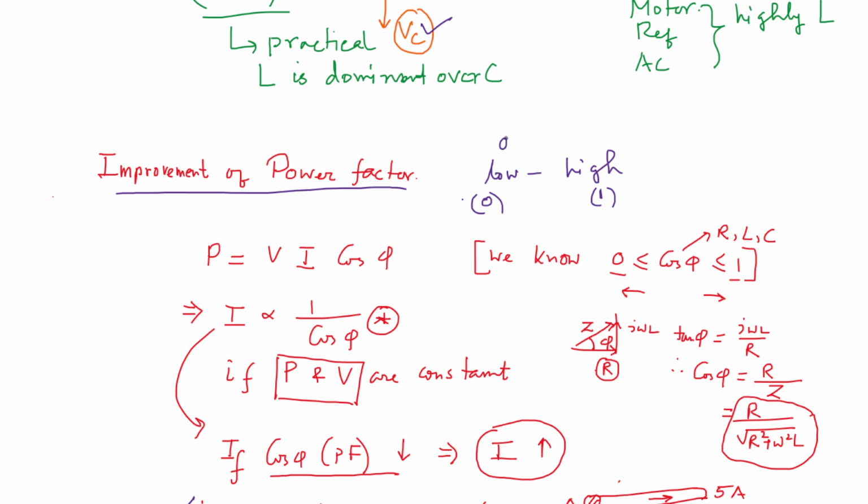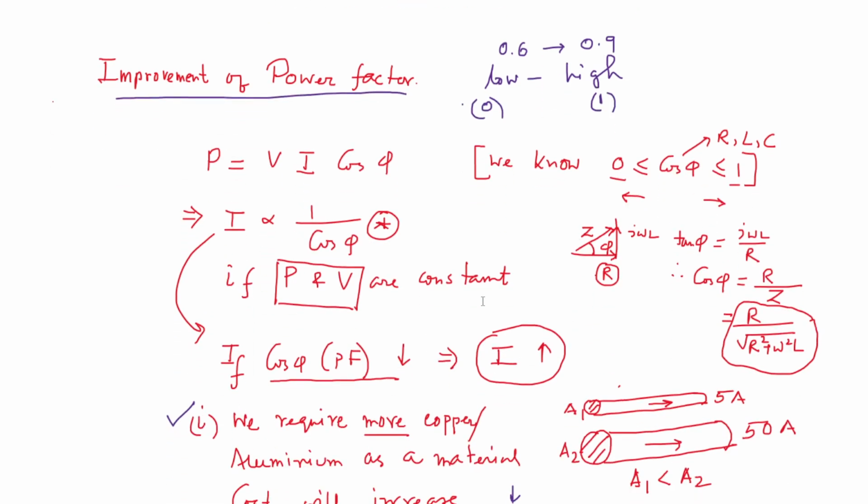So let us say we have a power factor operated at 0.6 lagging. We need to bring this power factor to 0.9 lagging. Just for a rough example, in this way, if we can increase the power factor, it is surely for betterment of our electrical system.